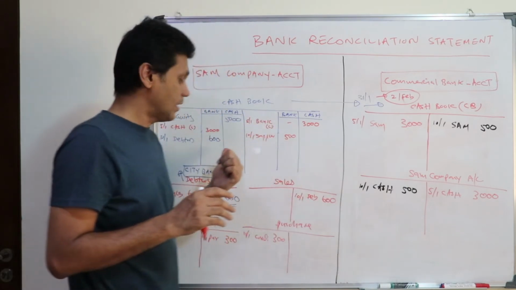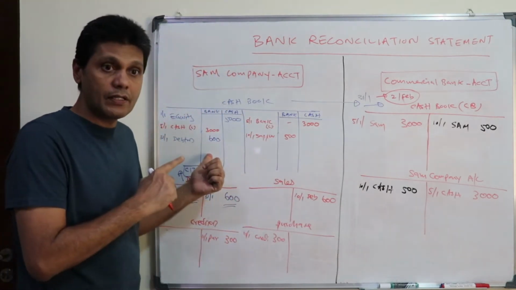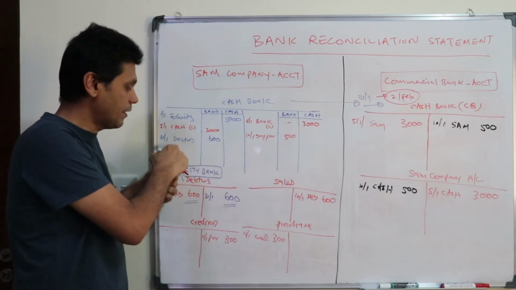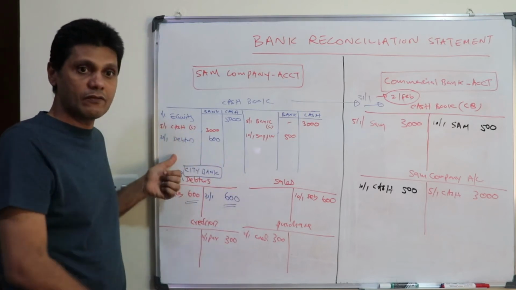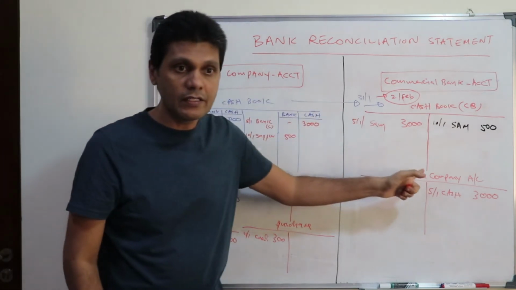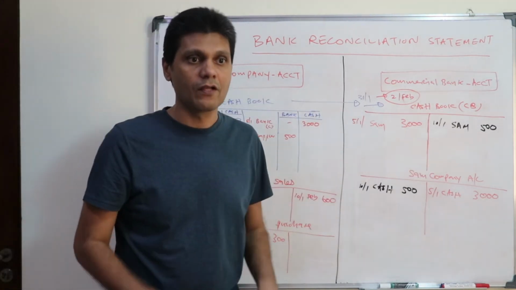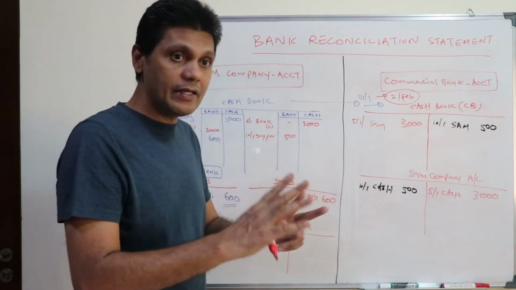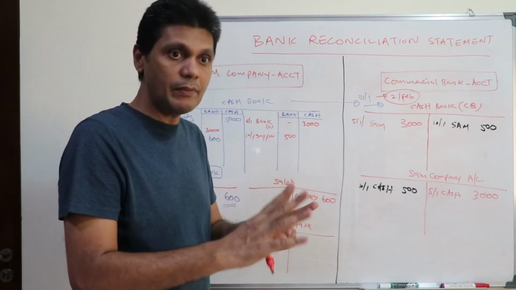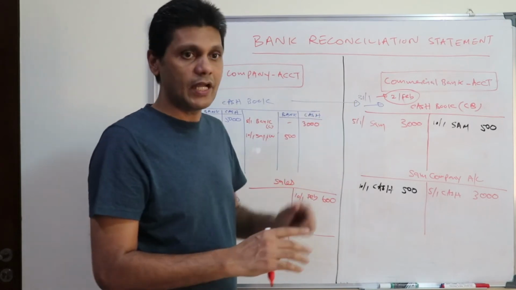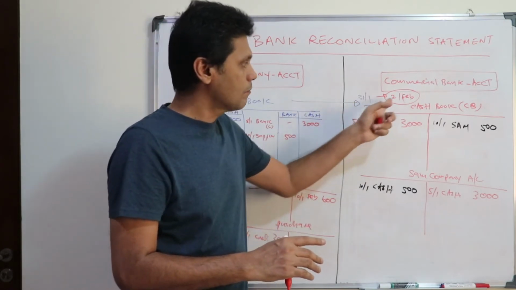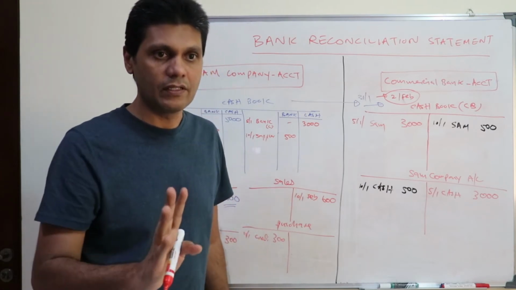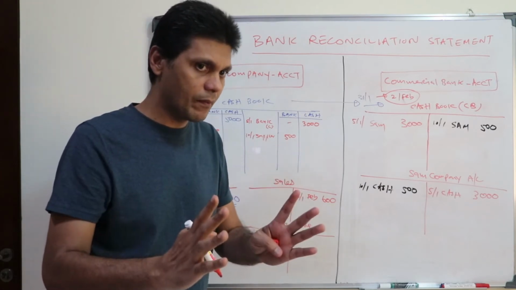Though the accountant of Sam company records this particular transaction in the month of January, will it be recorded in the bank's account? No, because there's a clearance process. There's a timing difference. Deposited on 31st January, but it will get cleared, get realized on 2nd February. Is that clear, that concept?